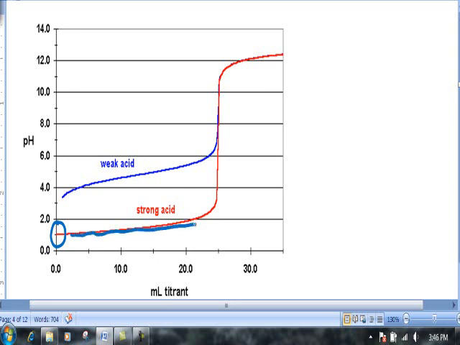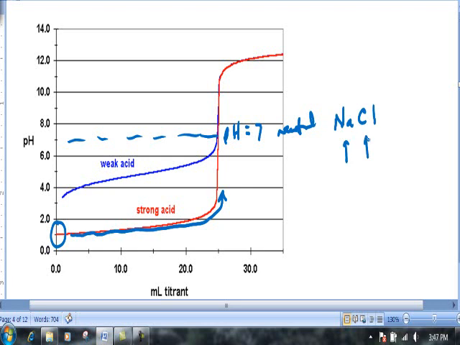Then we have our break, and if we look at this, the equivalence point for the strong acid strong base titration is going to have a pH equal to 7, which is neutral. The reason we have a neutral pH at this equivalence point is the salt from a strong acid strong base titration will always have two ions that are spectators. Two spectator ions in a salt give rise to a solution that's neutral, so the equivalence point in this titration will have a pH that's neutral.